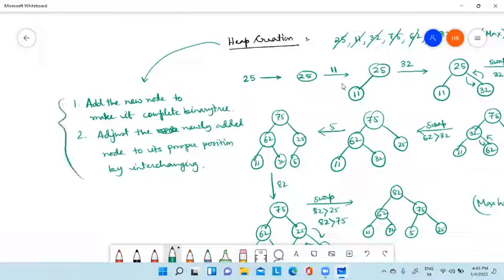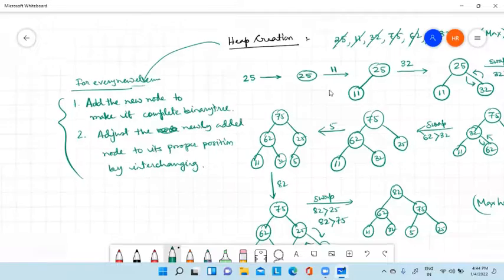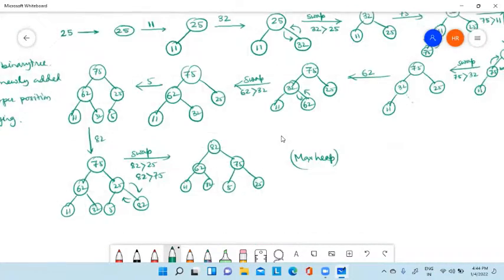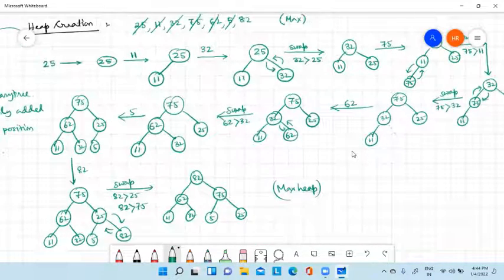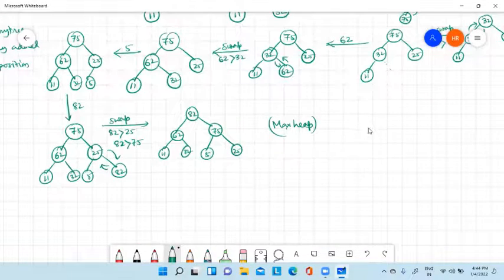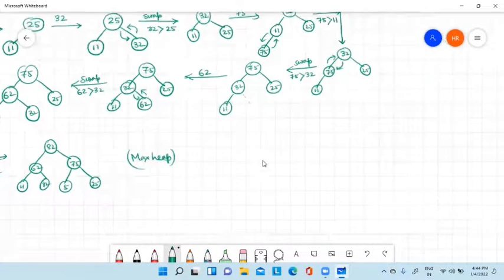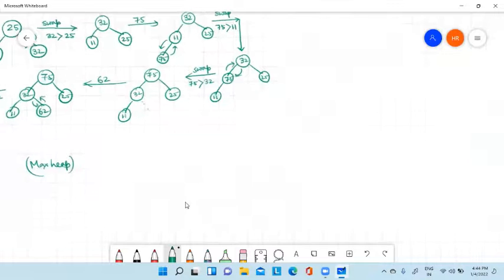So these are the steps of creation. These steps will be repeated for every new element. So this is the heap creation. Very simple. Okay. If you want to represent it in an array, then I will show you how to represent. First, this is the heap creation.